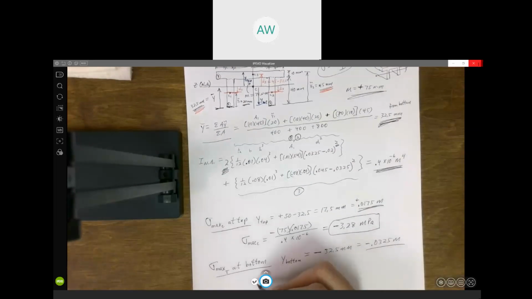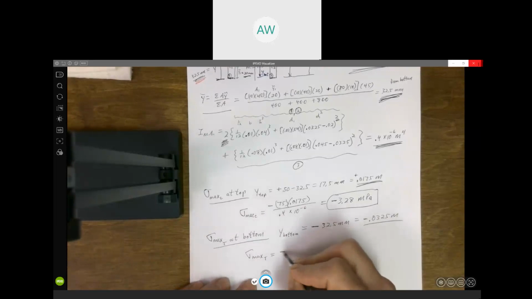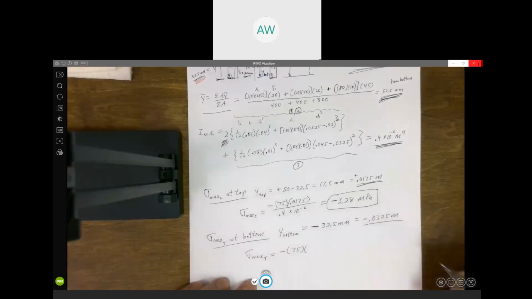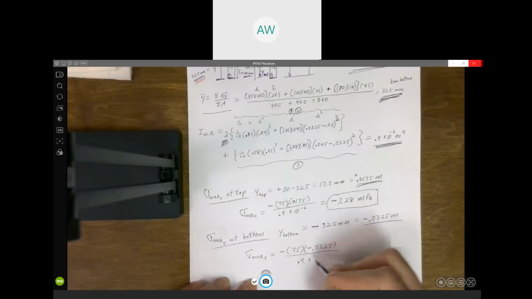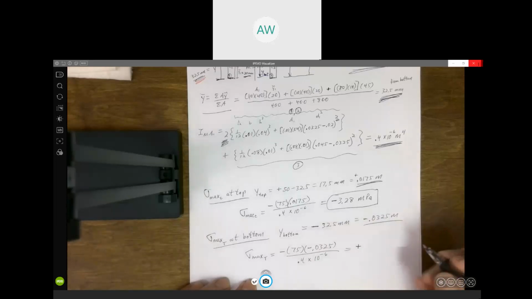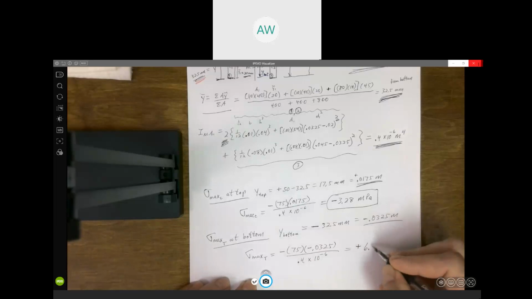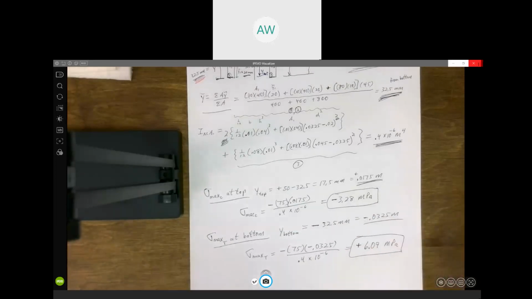And we plug in the formula. Our maximum tensile stress is going to be minus 75 times a negative 0.0325 divided by I. And you see, we get a positive. I got a little over 6, we'll just say 6.09 megapascals. So that's going to be my maximum tensile stress. It's going to occur at the bottom of that cross section.